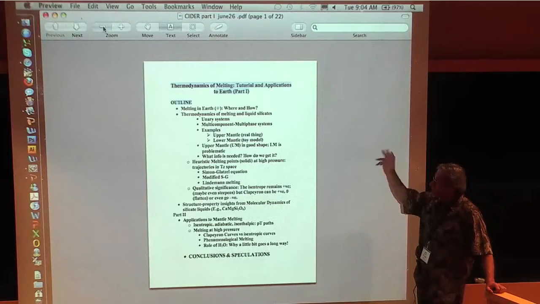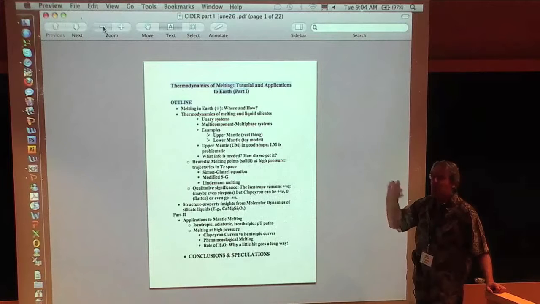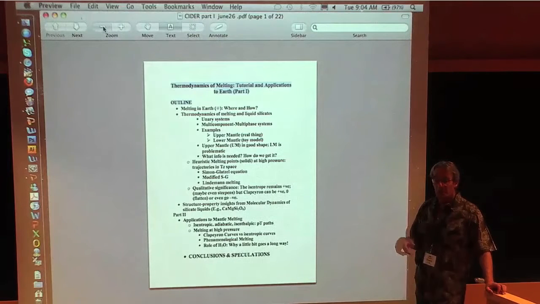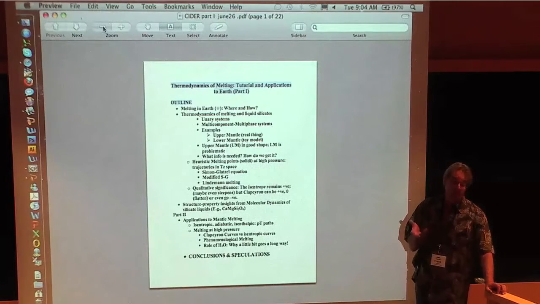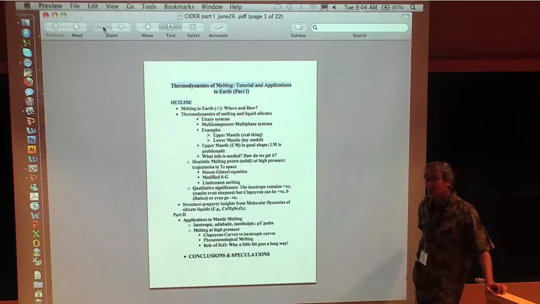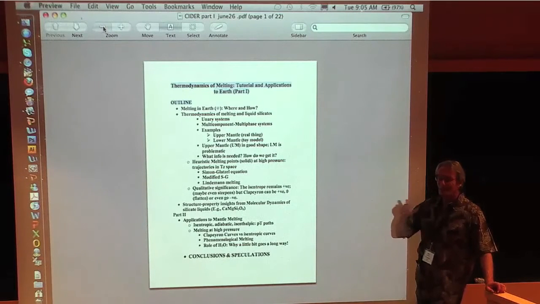So basically the structure is to talk about the fundamental thermodynamics of melting. Melting is a phase transition, a particularly important one in terms of the Earth, because when melts are generated, if they're buoyant, they're not necessarily always buoyant, but if they are, they advect up. And when they advect, they transport heat, and they transport unusual composition. So it's a very important component of planetary evolution and planetary dynamics.